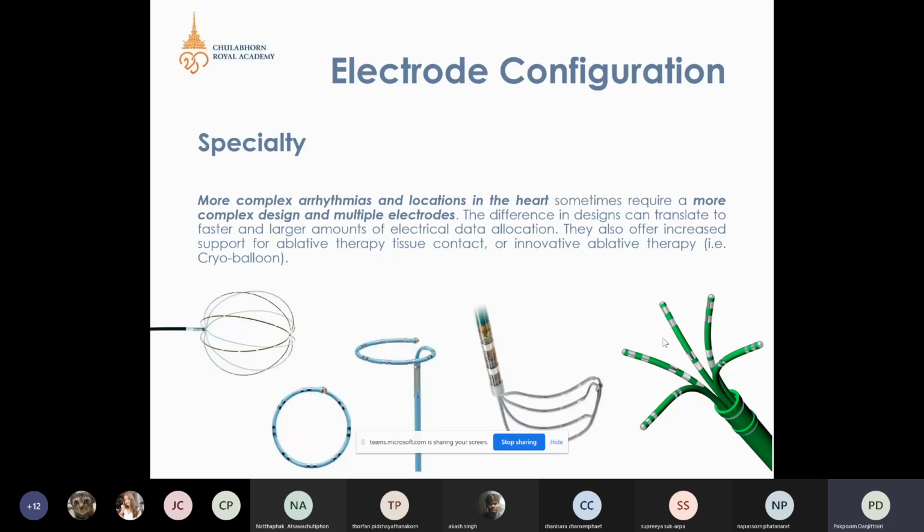Because there are a lot of electrodes on the catheter, after you acquire the electrical signal you will get a lot of data from this catheter at that time.